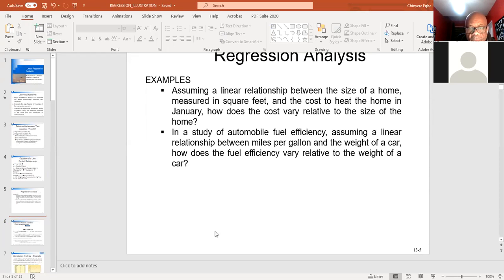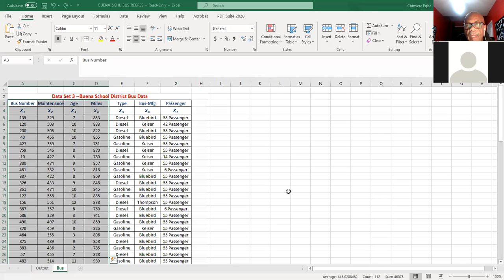I will stop sharing this, and I'm going to share a different screen right now. All right, are you seeing a new screen? Yes, sir. All right, so you're seeing a new screen.